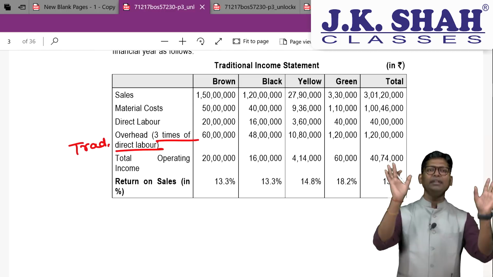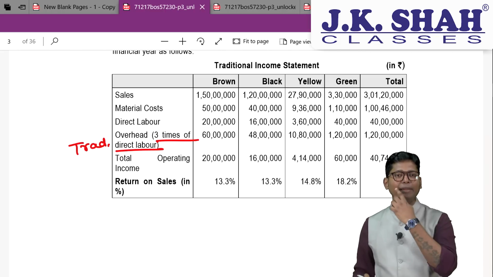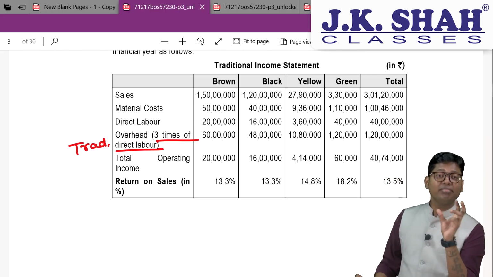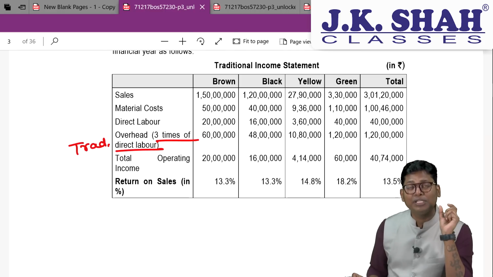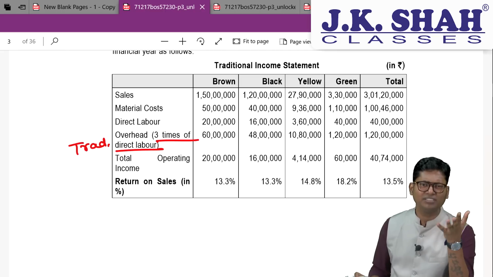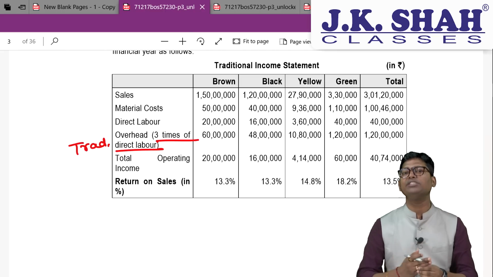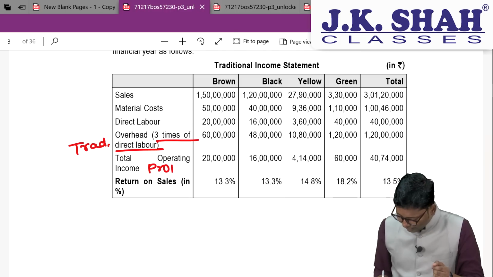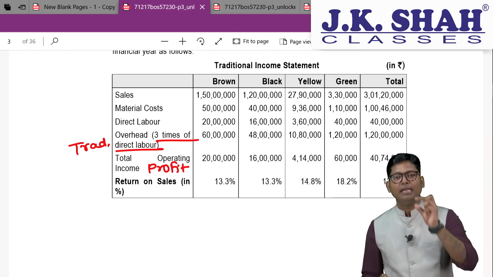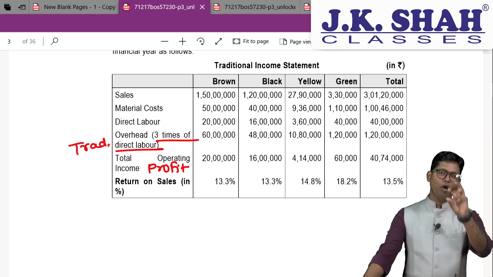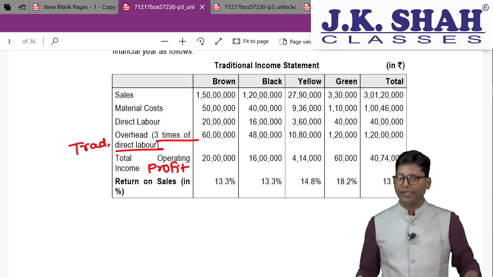They have randomly taken overhead equal to 3 times direct labor, but a more approachable and appropriate method of bifurcation and apportionment of overhead is activity-based costing. So they will ask us to calculate the ABC rates. Total operating income is given. Sir, what is total operating income? When all the expenses are deducted from the sales, you generally get profit, and that operational profit is called operating income here.